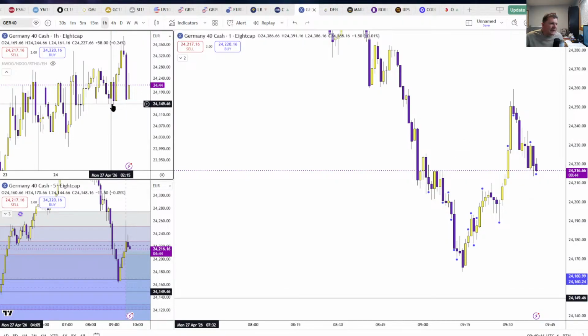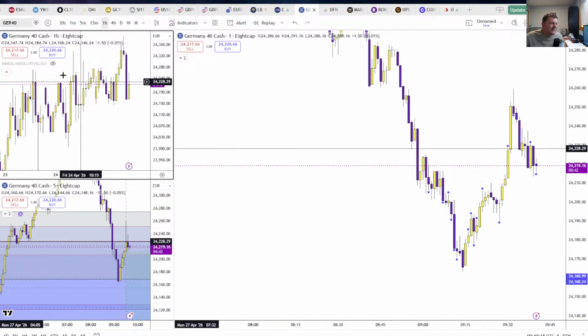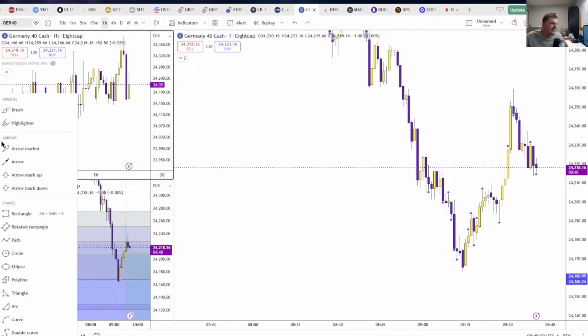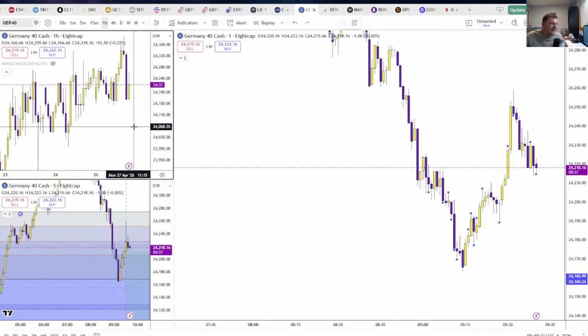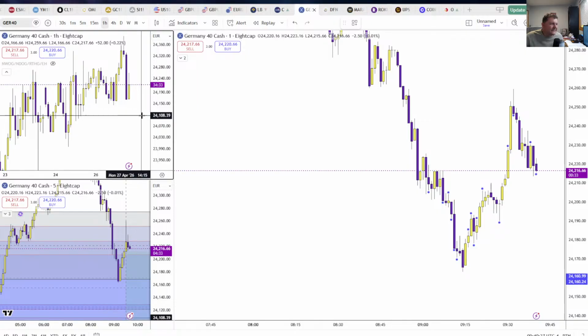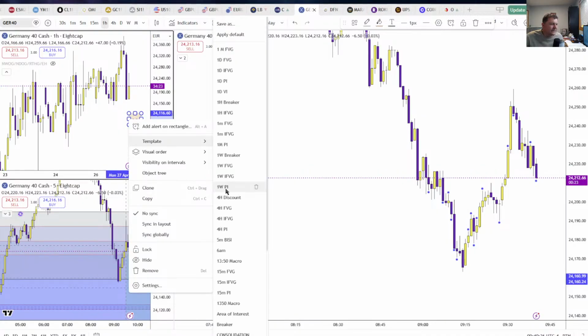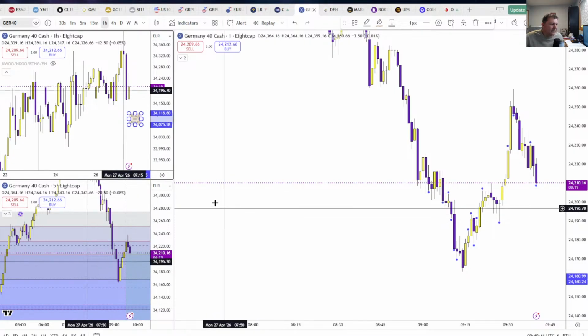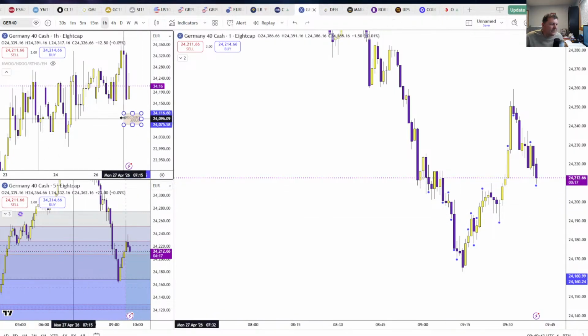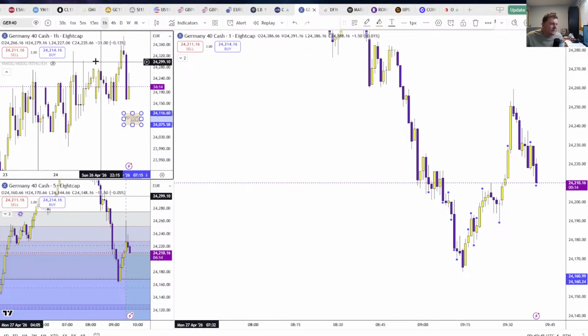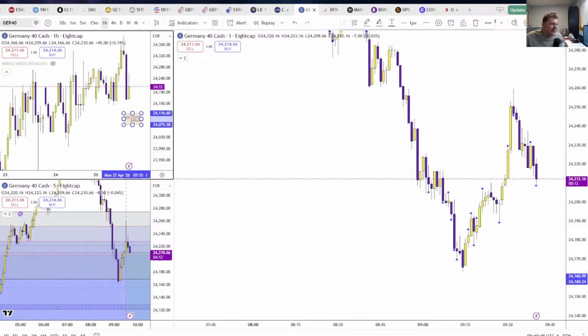You have to wait for this to break, get a market structure shift here, and I'd start targeting a discount box down here. I'd be looking for something like this. Your premium is up here.